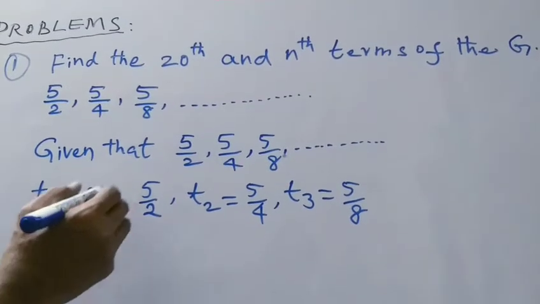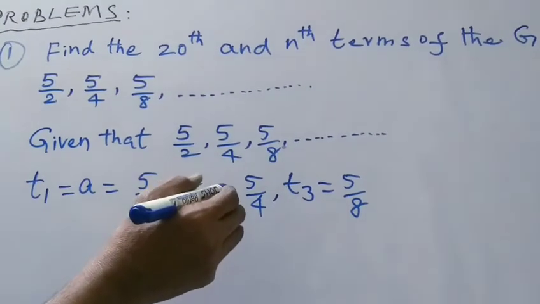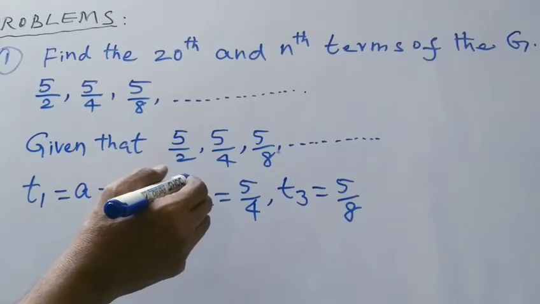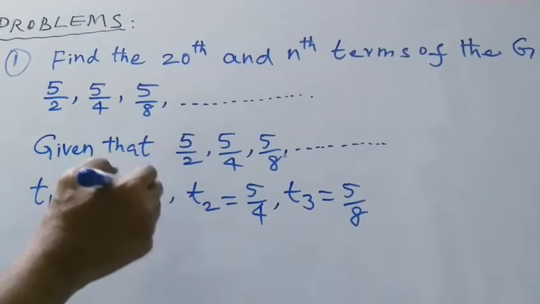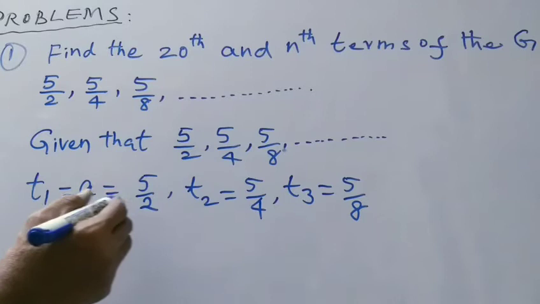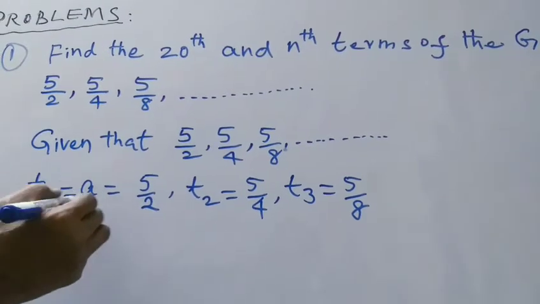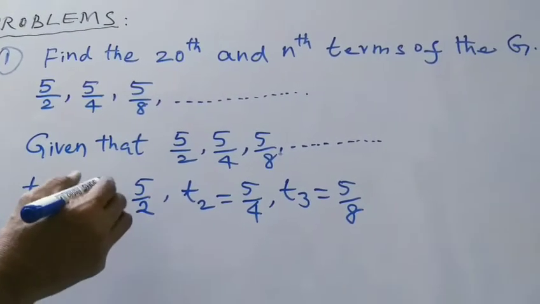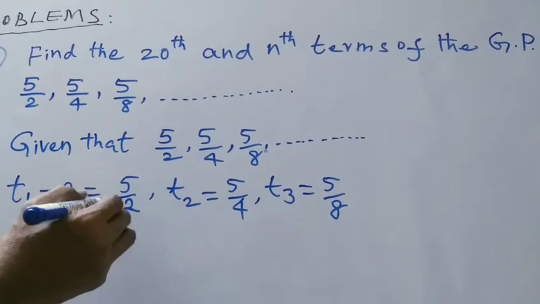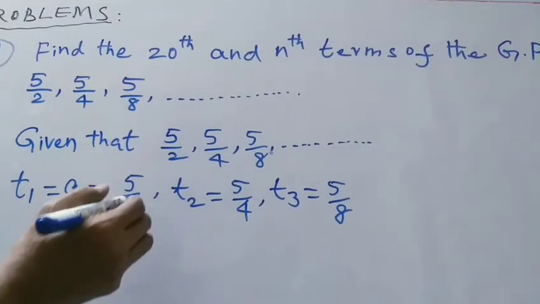So these are the first term, second term and third term. All these terms are in geometric progression. Here we already have the first term 5 by 2. Now we need to find the common ratio of this sequence.